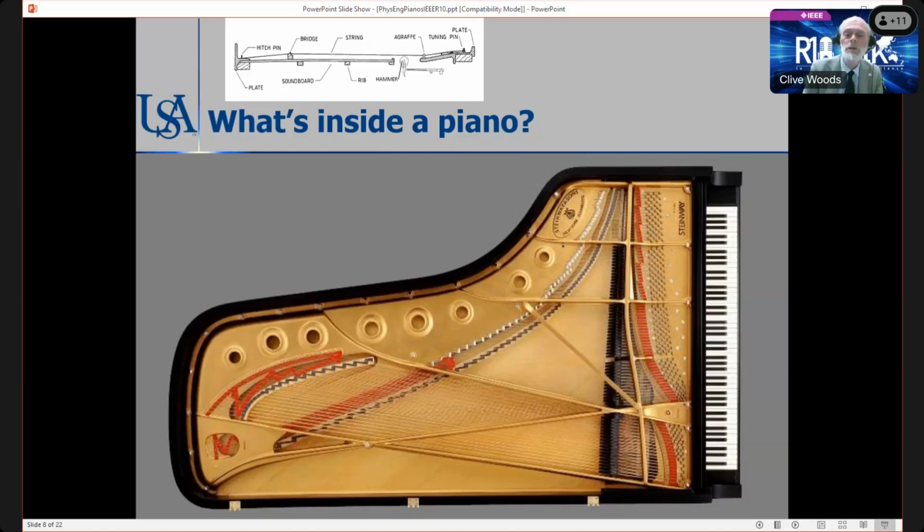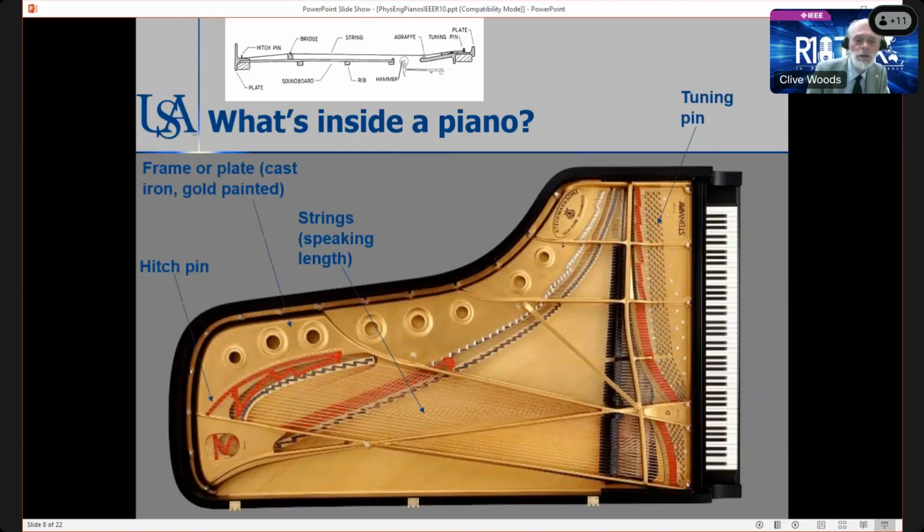It's just a piece of metal with a hole through it to fix the node position precisely, and then the hammer comes up from underneath to hit the string. So on the plan view of the piano, the strings are in the middle of the design. The hitch pin is at the end. Tuning pins are there.